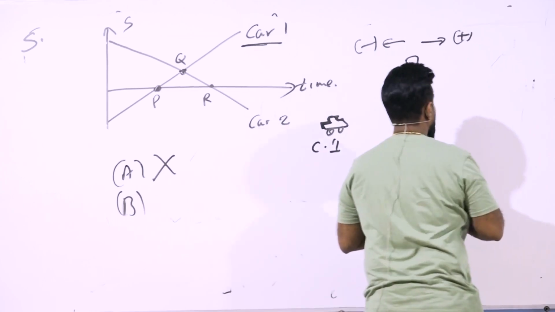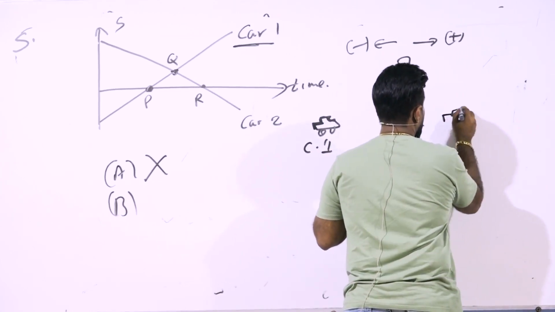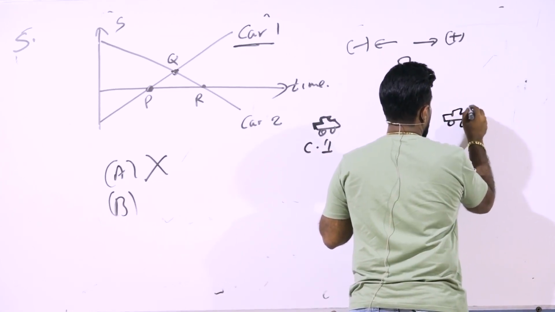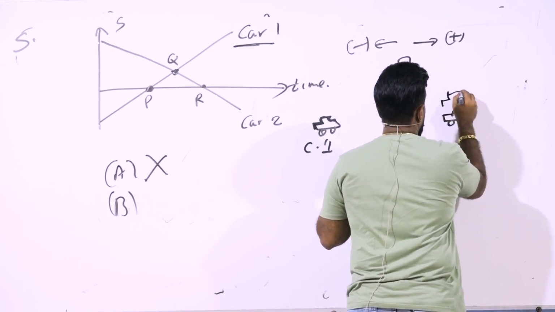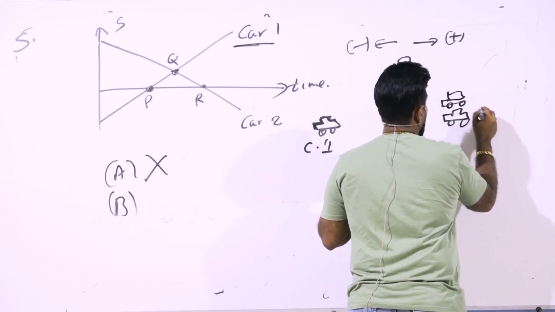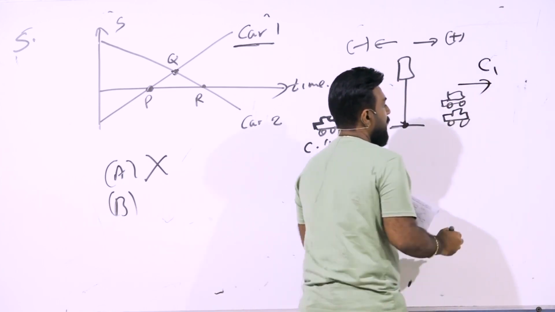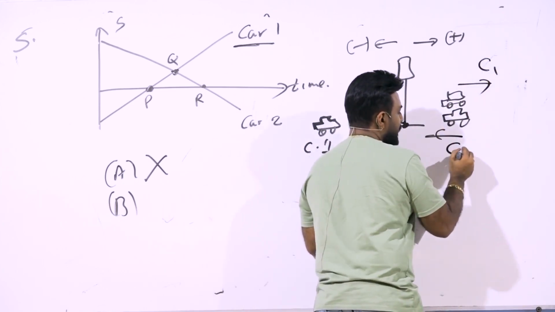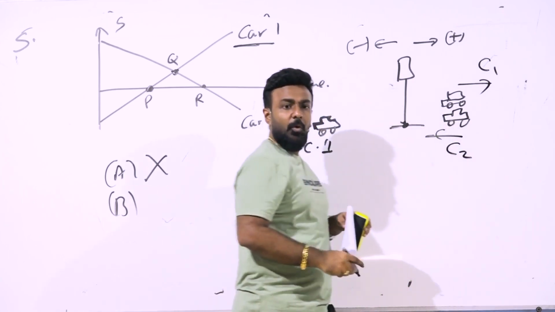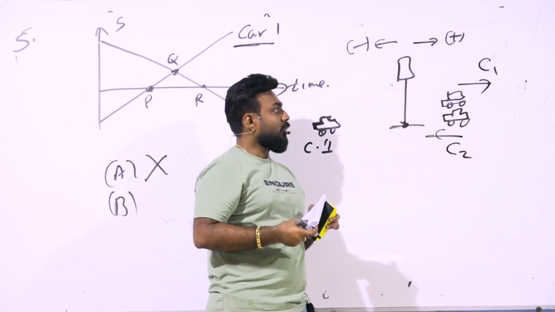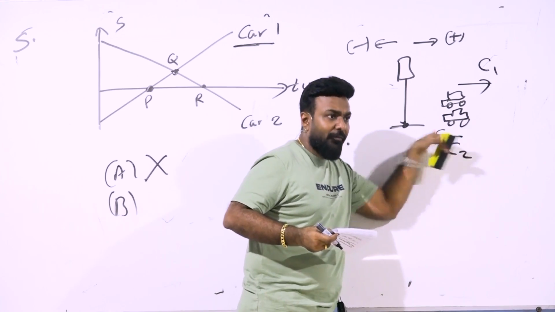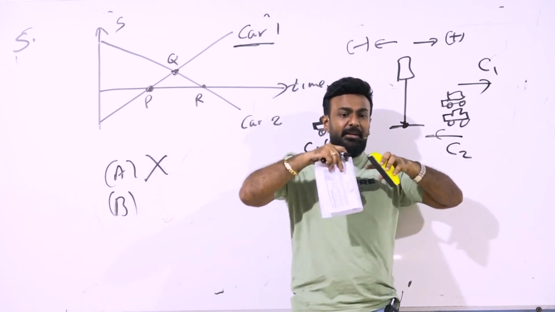So at point Q the two cars are like this. Let me draw it. Here are the two vehicles. Car 1 is moving to the right. Car 2 is moving to the left. At that moment they meet.